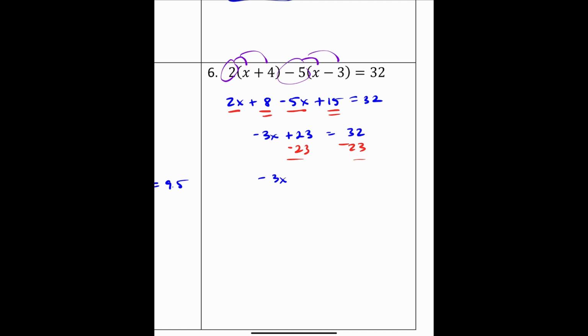I have negative 3x equals 32 minus 23, which is positive 9. Then I divide both sides by negative 3. So x equals 9 divided by negative 3, which is negative 3. So that's your answer for number 6.